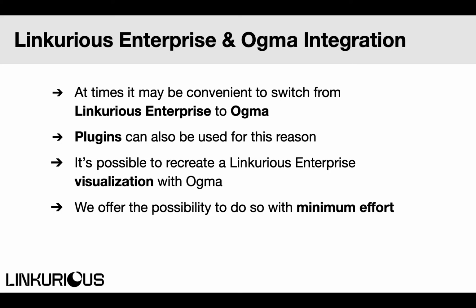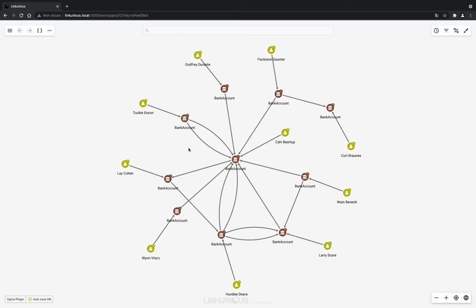Let's see this library in action, and let's move once again to Linkurious Enterprise. As said before by Shraddha, in my company I want to perform the investigation in Linkurious Enterprise, but then I want to extract the visualization, perform some customization, and display it in an external application, maybe just to have it as a report, or maybe to integrate it into another web application that is not Linkurious Enterprise.